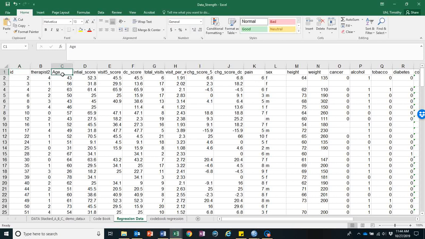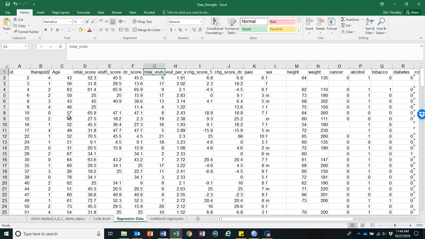This is the patient's age. These are their initial DASH scores. So a higher number, 70 or 80, means more disability. A lower score means they're less disabled. We also have their visit 5 score and their final discharge score.